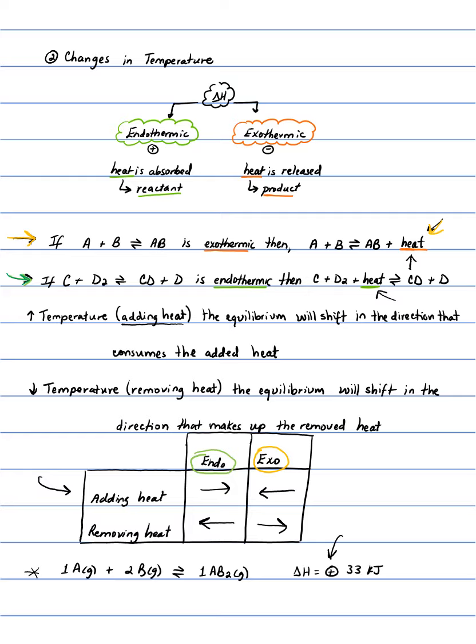So now prepare your table in a similar way to what I have right here and predict what's going to happen to your reaction. And this is just for endothermic because it's a positive. So you need adding heat and removing heat.